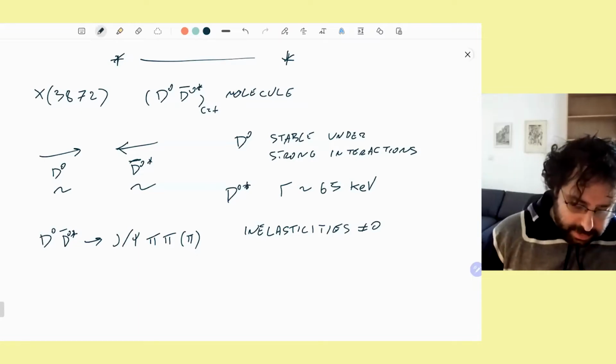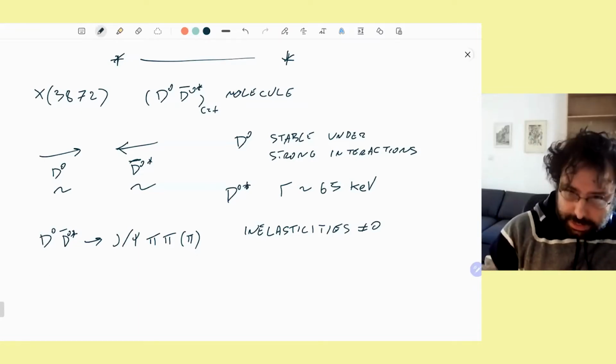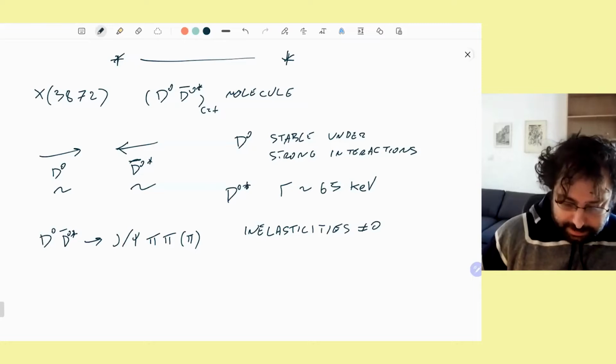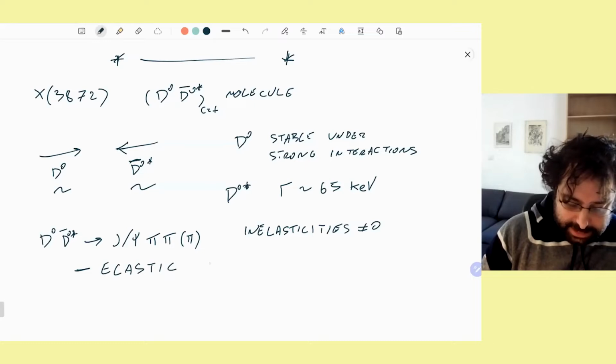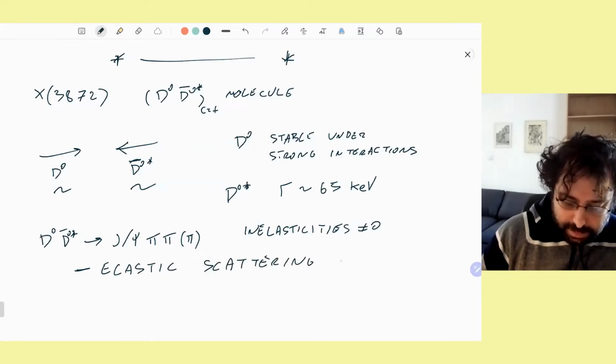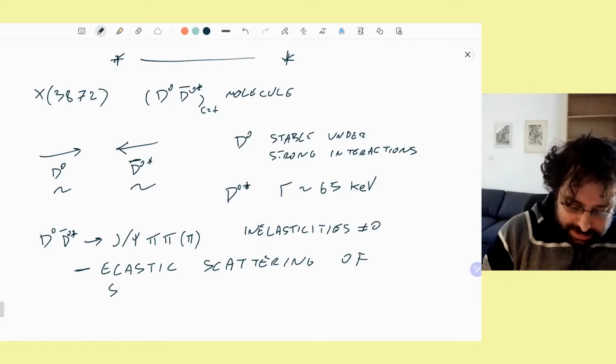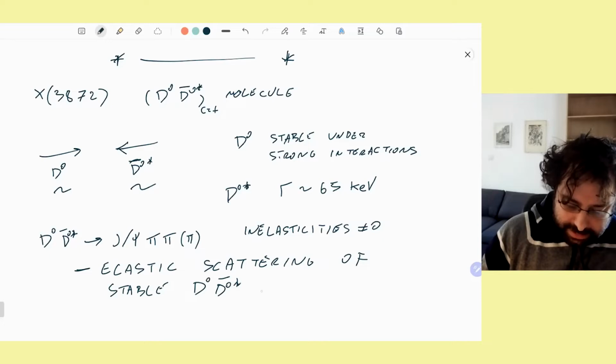Okay, so that means that in order to discuss what I'm saying in a second, we are going to restrict to elastic scattering of stable D0 D star bar mesons.